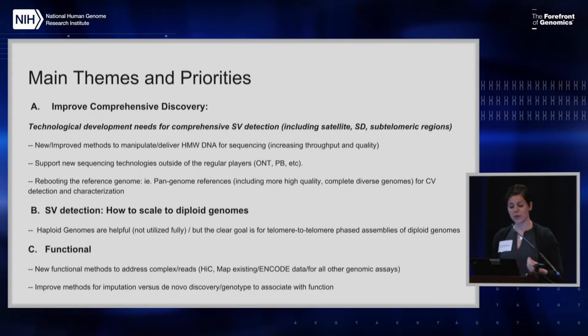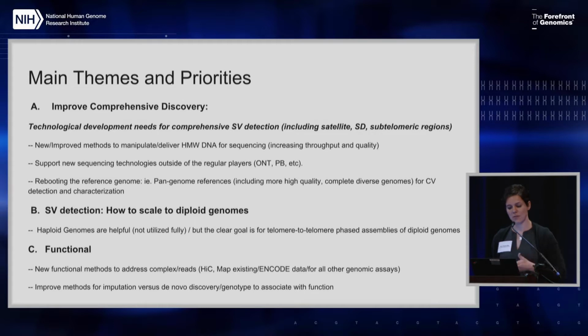Also, we need to support new sequencing technologies outside of the regular long-read players that we're used to thinking about, like Oxford Nanopore or even PacBio, giving an opportunity or a new space for new technology development to emerge that might actually be surpassing these existing technologies. And finally, all of this layered on top of this core concept of how we need to reboot the human reference genome. This is something that's been discussed in circles as the pan-genome project.